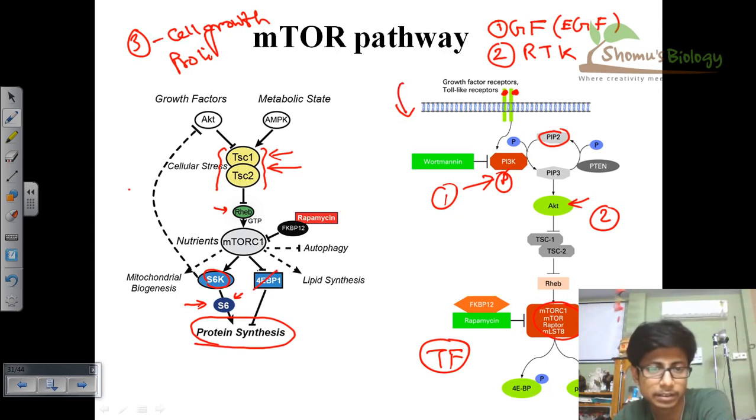So 4EBP1 expression is halted by mTORC1, and the expression of S6K is uplifted by mTORC1, and that leads to the protein synthesis for the target gene to occur properly, and then the cell can grow and divide very rapidly, and we see cell proliferation.